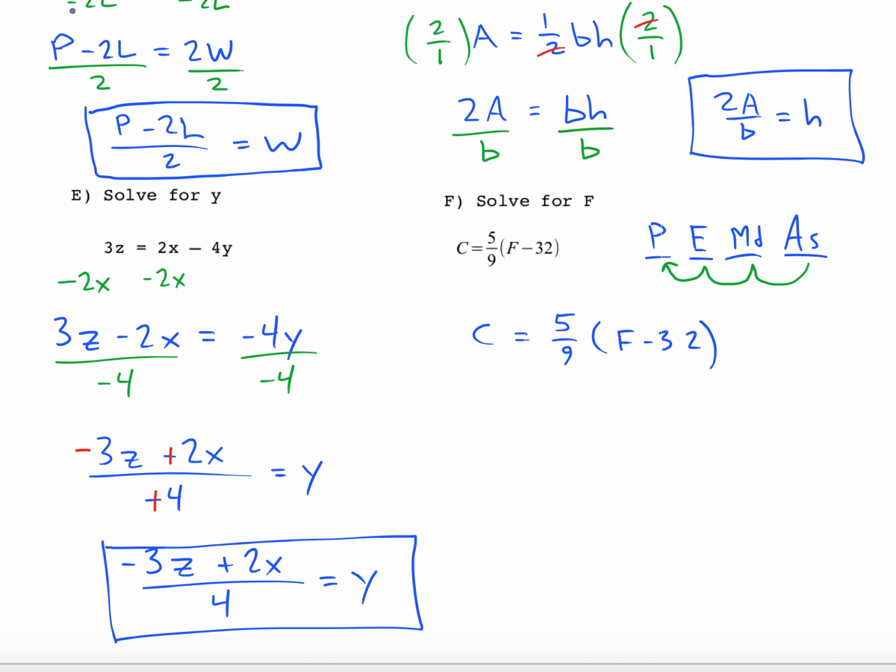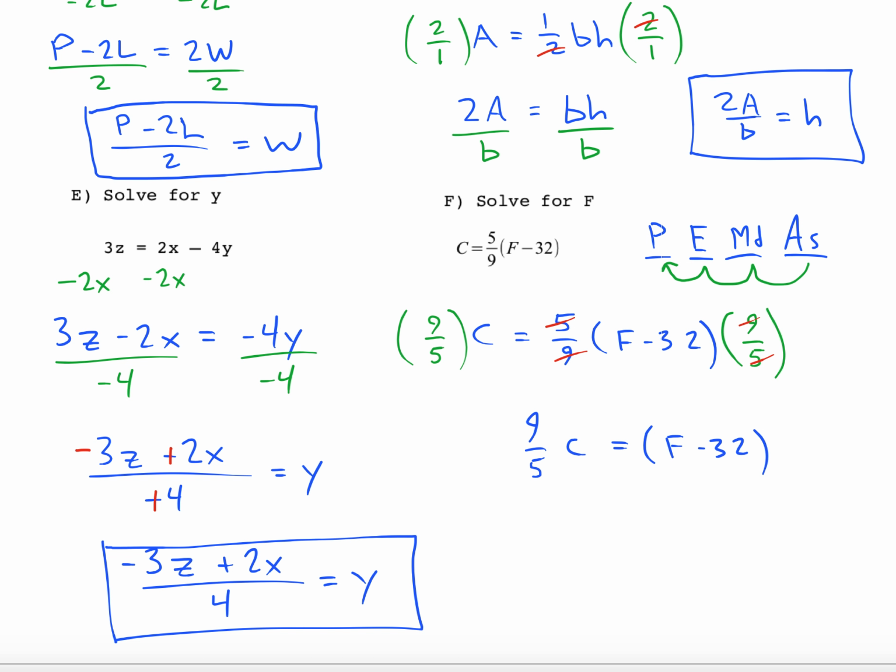Okay, so let's go ahead and multiply by the reciprocal of 5/9, which is 9/5. As you can see, the 9's here will cancel, and so will the 5's. That'll leave us with 9/5 c equals f minus 32. So the 5/9 is gone. Now the way that you get rid of parentheses in an equation is you get them alone.